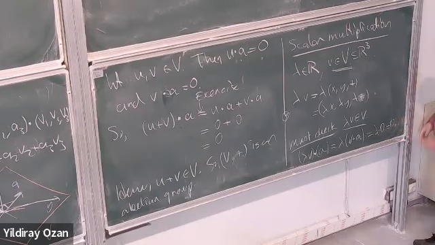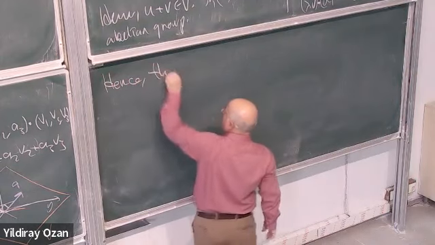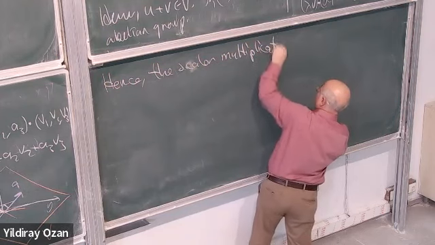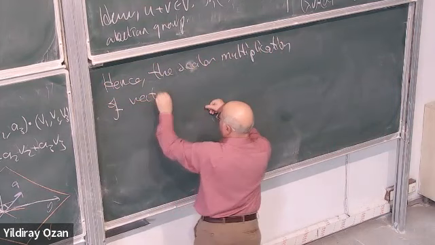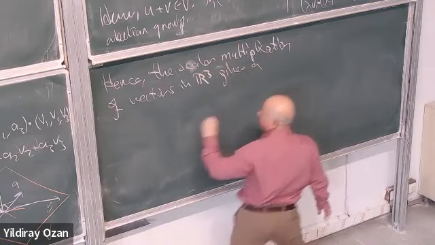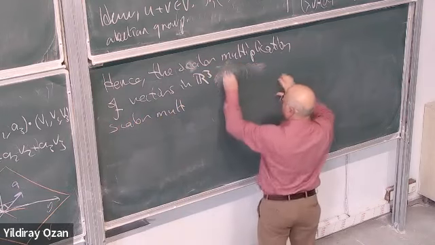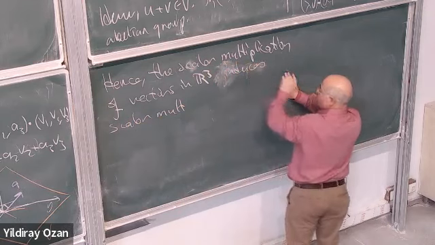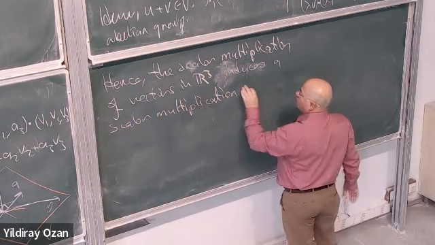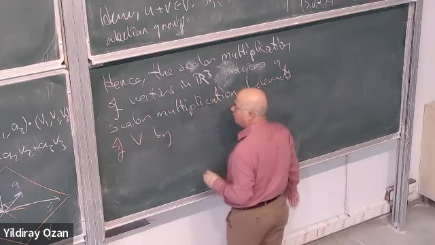This means that, hence, the scalar multiplication of vectors in R3 gives, or inherits, a scalar multiplication of elements of V by real numbers.